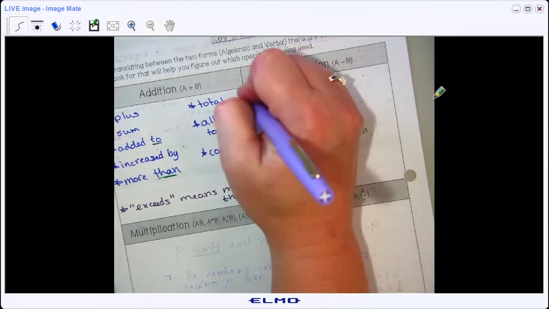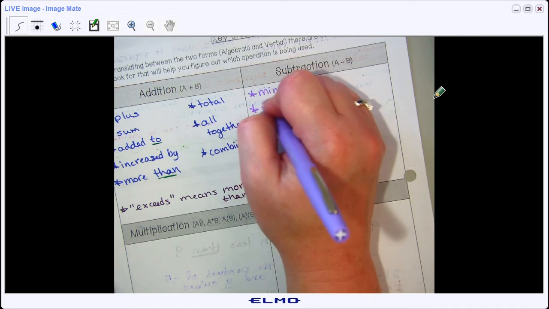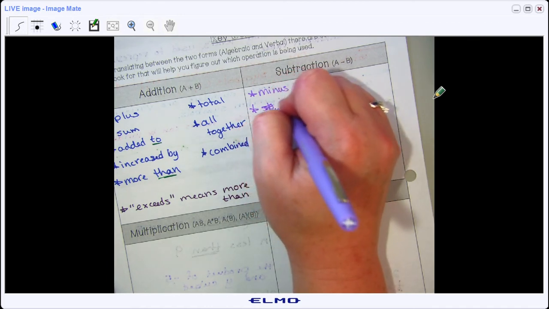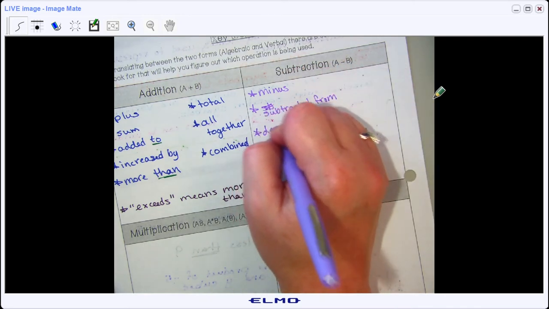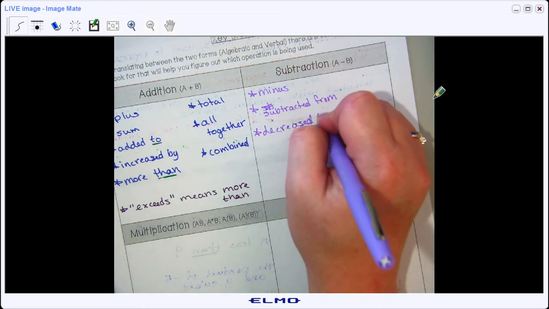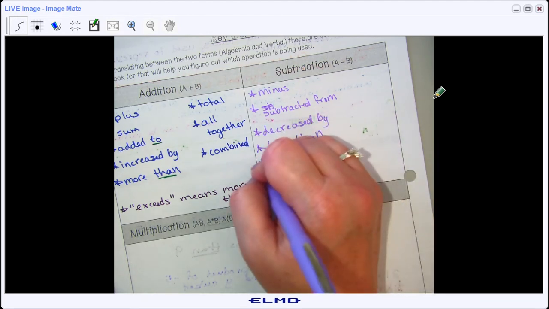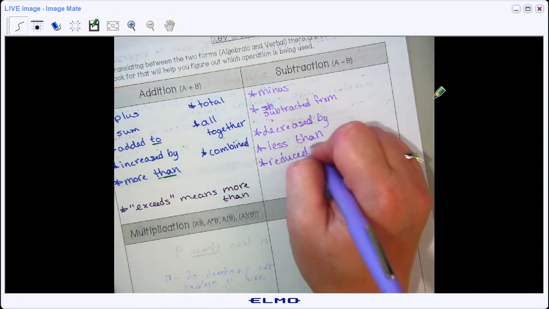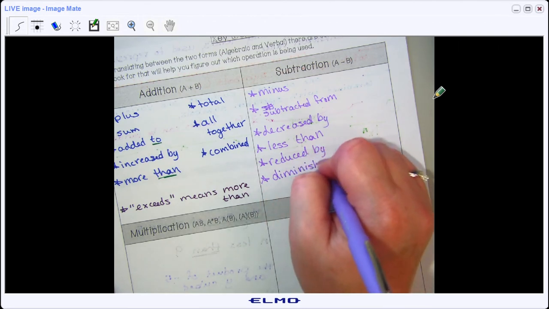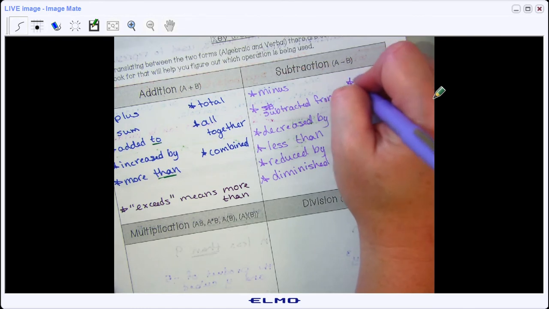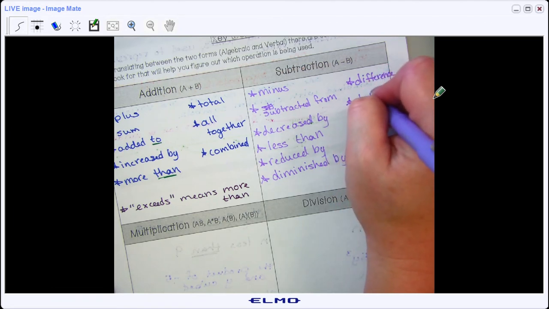All right. For subtraction, we got minus, subtract, subtracted from, decreased by, less than, reduced by, diminished by, difference, take away.